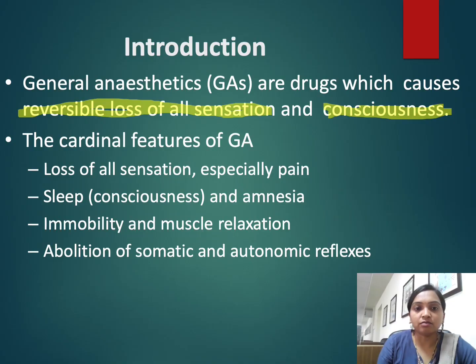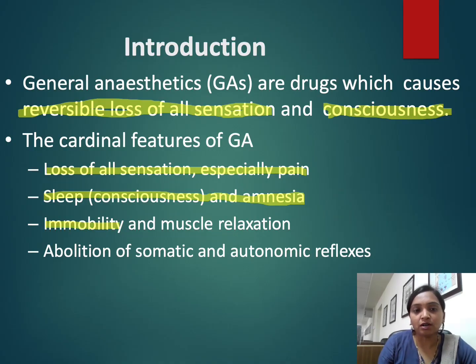And there are four cardinal features of general anesthetics. That is, a drug which is used as a general anesthetic should produce reversible loss of all sensation including pain, as we already saw, and consciousness, that is the person should go into sleep, and he should also have loss of temporary memory, that is amnesia.